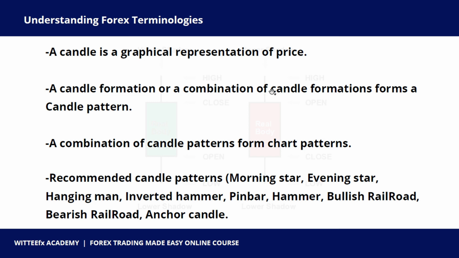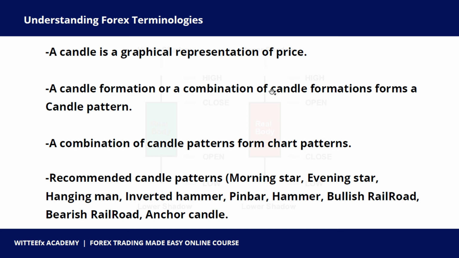A combination of candle formations gives us a candle pattern, and then a combination of candle patterns forms a chart pattern. However, I have certain candlestick patterns I'm going to be recommending that we will be focusing mostly on as the course goes by. And I'm also going to be explaining why exactly I chose these particular candle patterns.